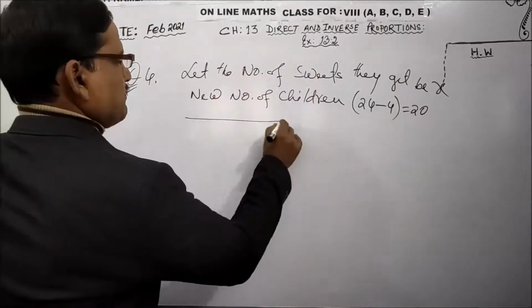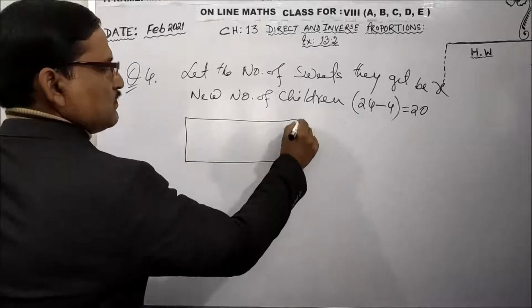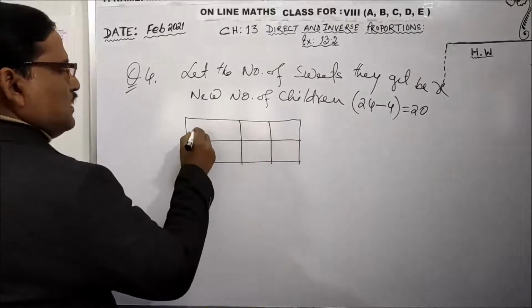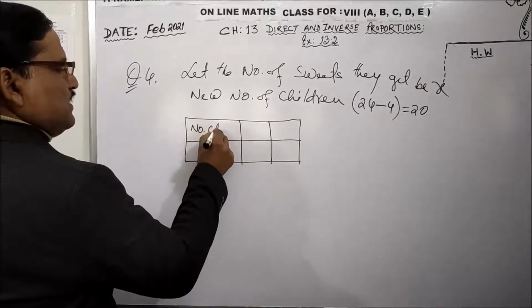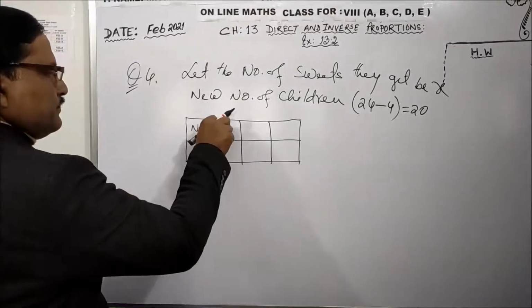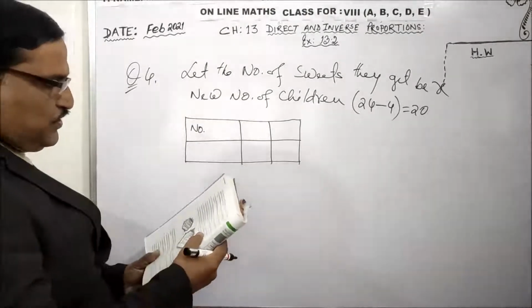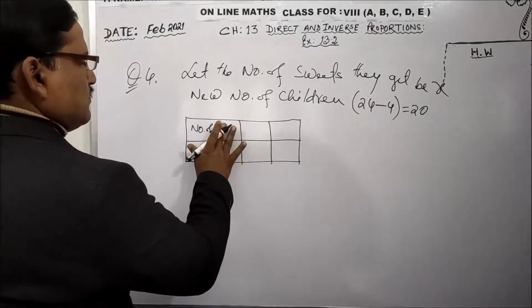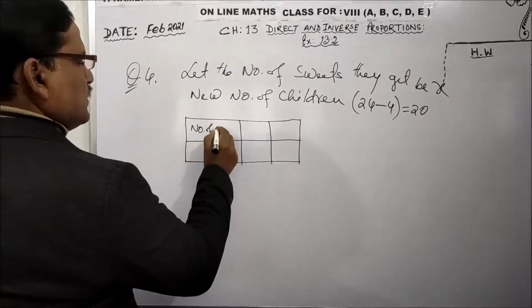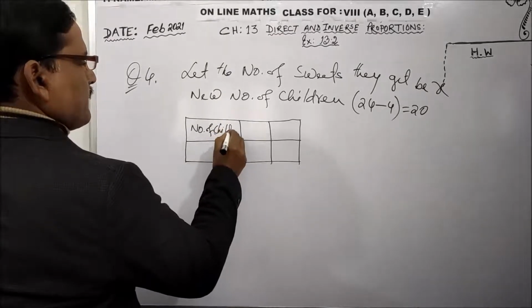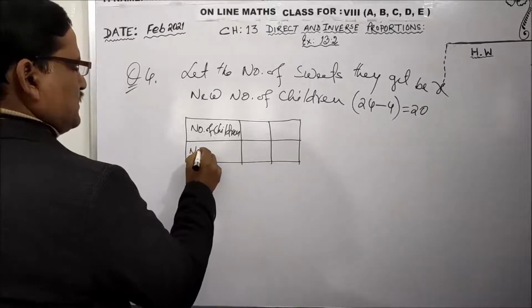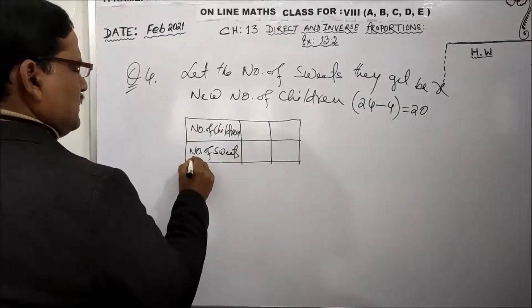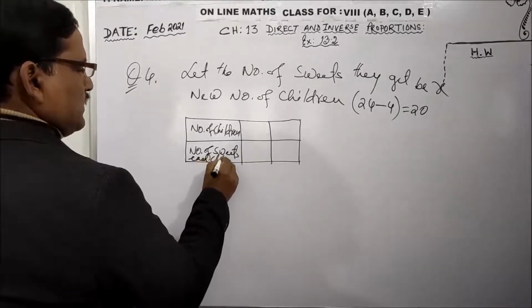Now make a box. No need to write down the entire statement. Write: number of students or children, and number of sweets each child gets.